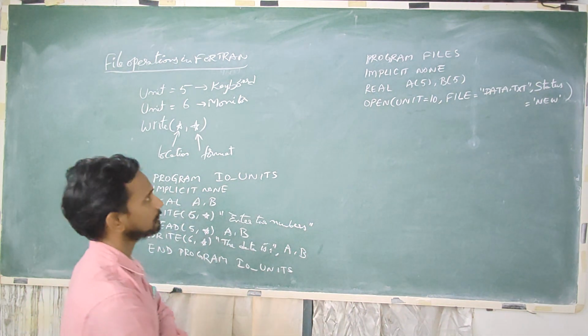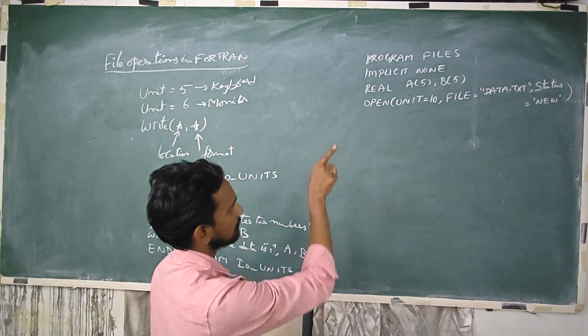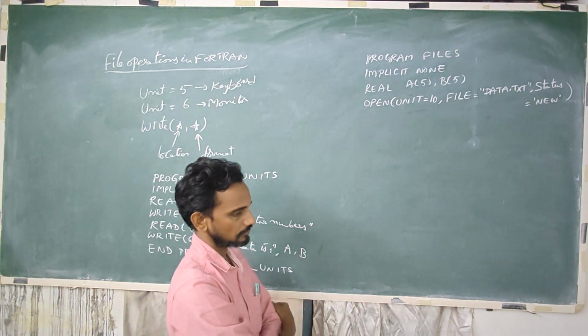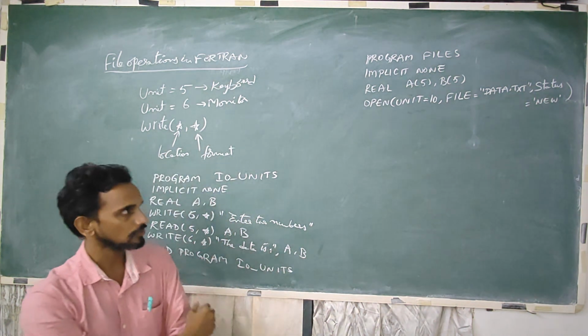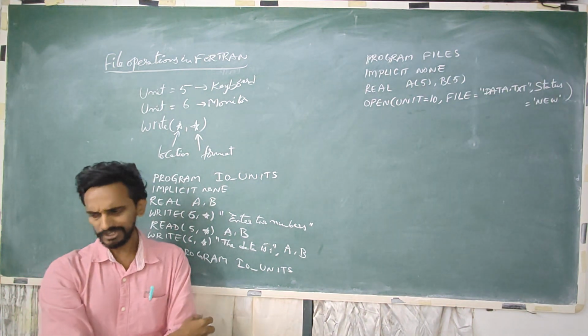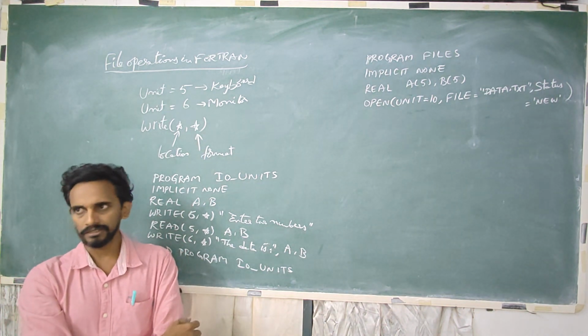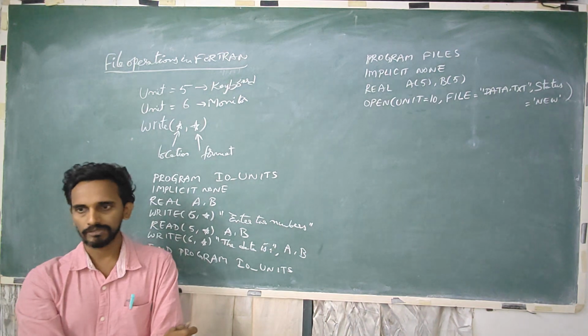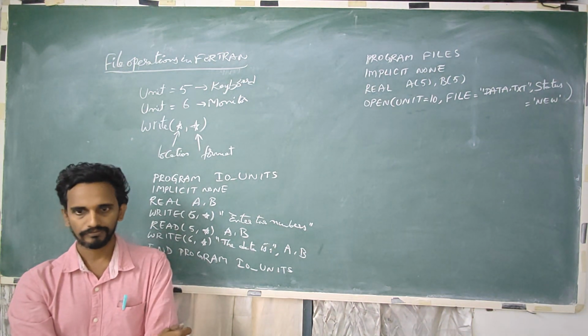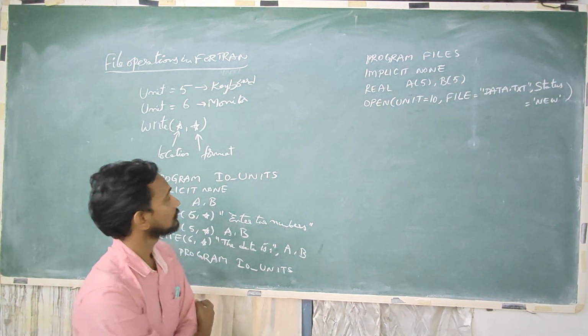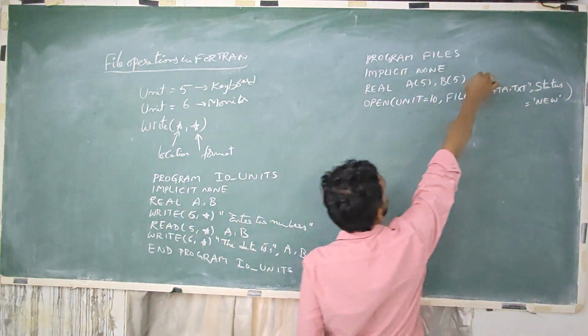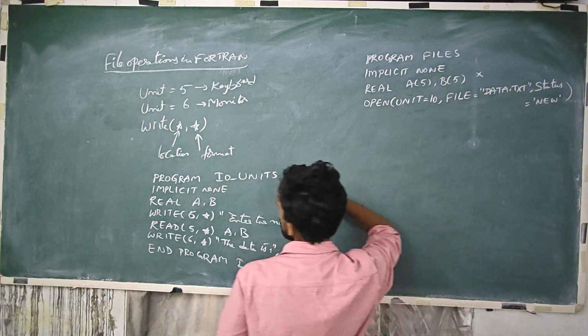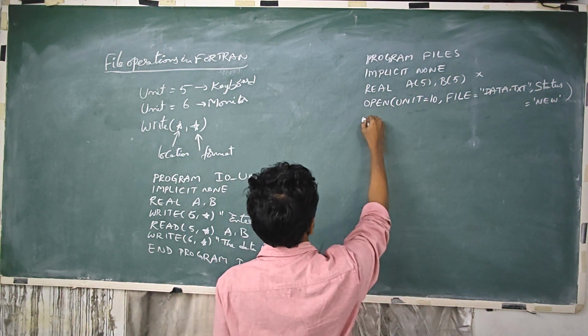And into that I need to write whatever is stored in those variables a and b, or otherwise I can directly write the data entered by the user into the file. So let's say instead of these variables, I'll try to write the data.